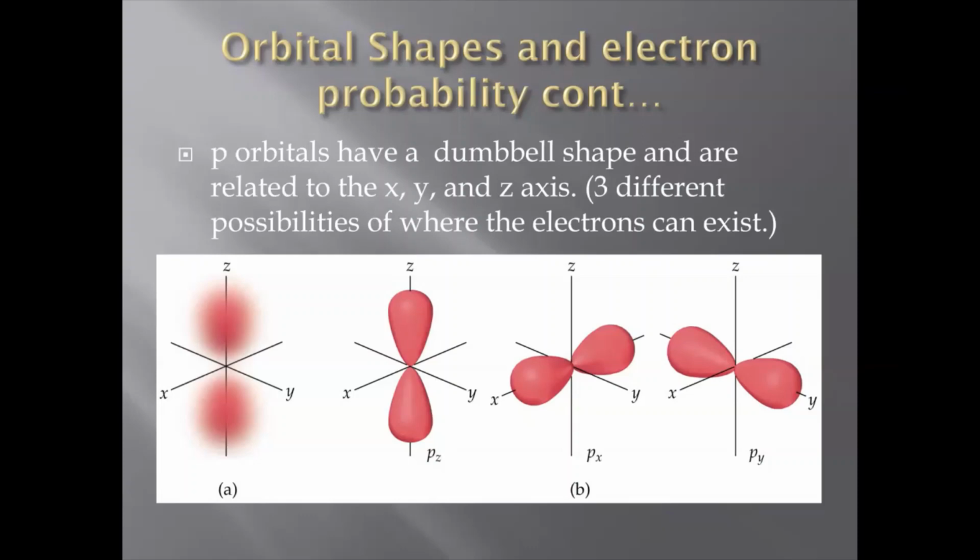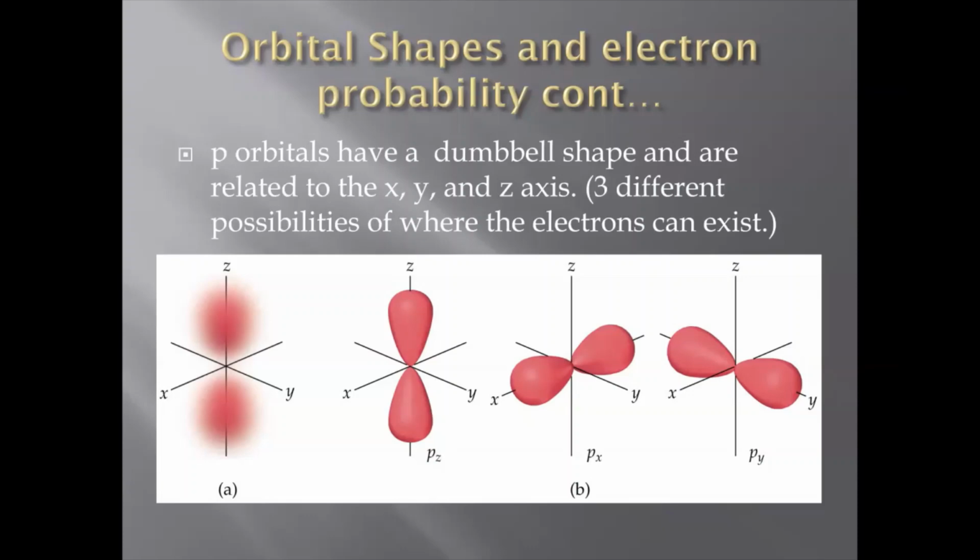Now, the next orbital is the p orbital. Again, we talk about the fact that they have dumbbell shapes, and these dumbbell shapes are related to how they're arranged on the x, y, and z planes. And so you can see that there are three possibilities. Now, if you go back and think about the number of orbitals in that blue chart, L equals 0 is an S shell, and there's only one orbital because you only count 0 once.